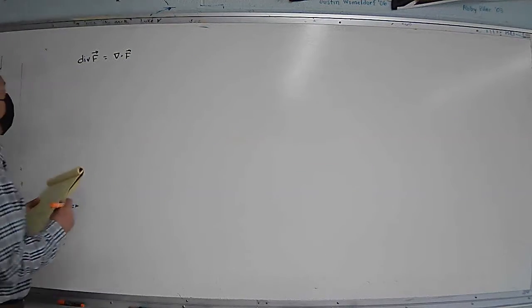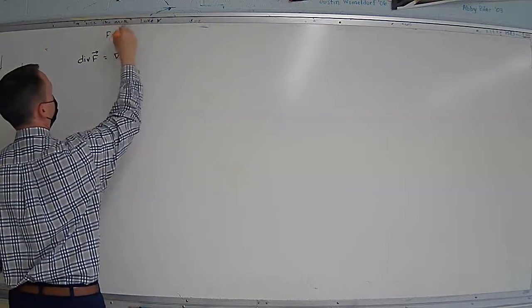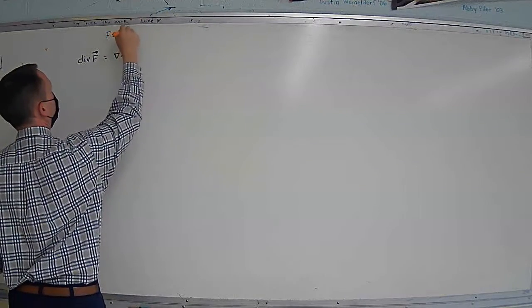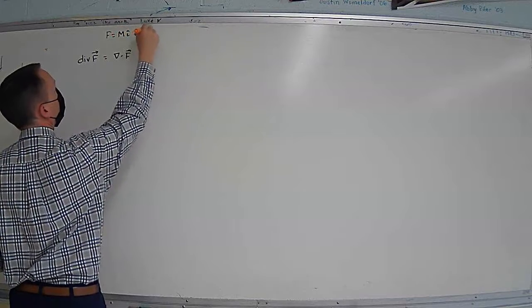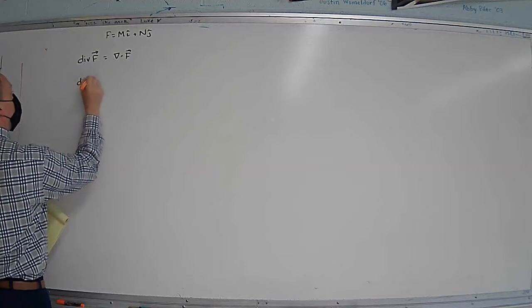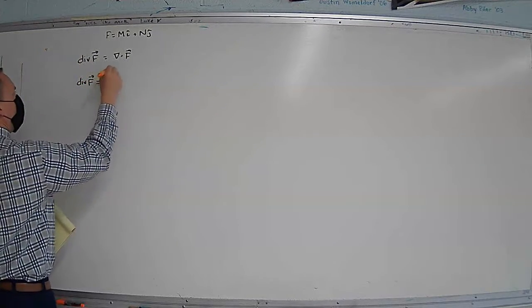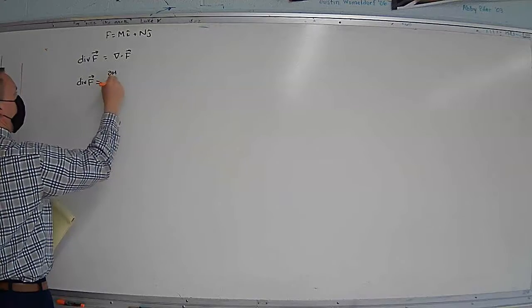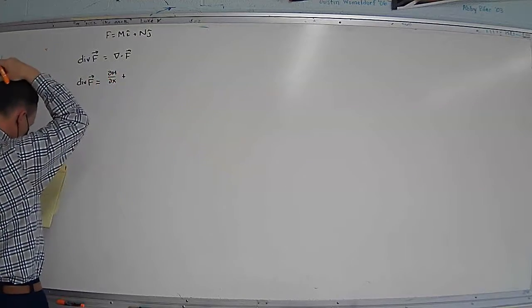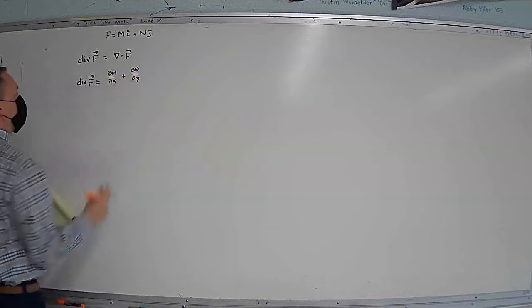Everything that we're going to be doing today is in a plane. If F is a vector field in a plane, the divergence of F equals the partial of M with respect to x plus the partial of N with respect to y.